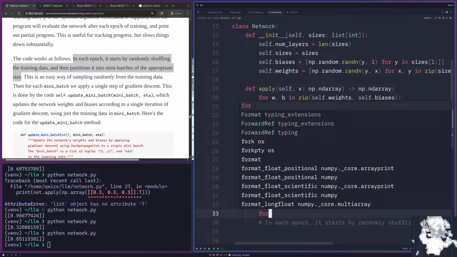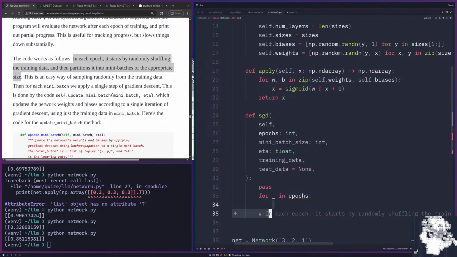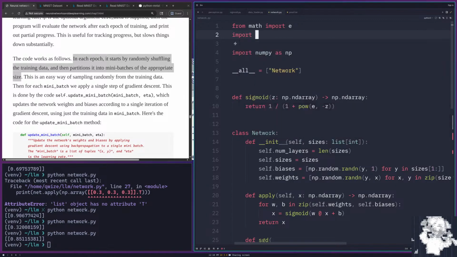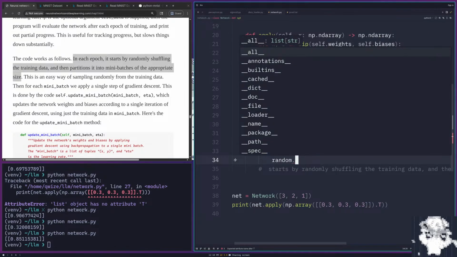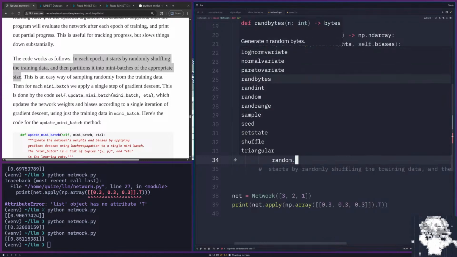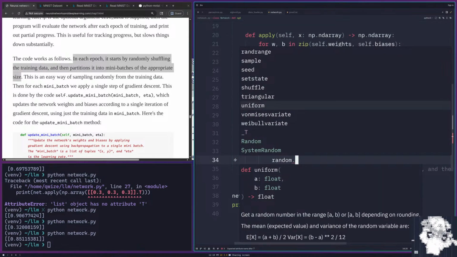In each epoch, so for blank in epochs. Randomly shuffling the training data, so import random, right? Random dot shuffle. There we go.